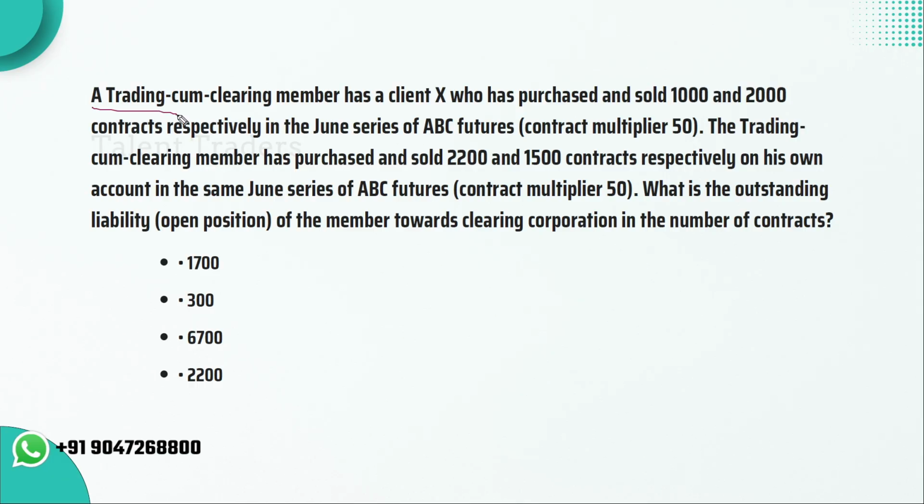For example, a trading cum clearing member and a client. The client purchased and sold 1000 contracts and 2000 contracts. How many contracts are open? So 2000 minus 1000, the outstanding contract is 1000.